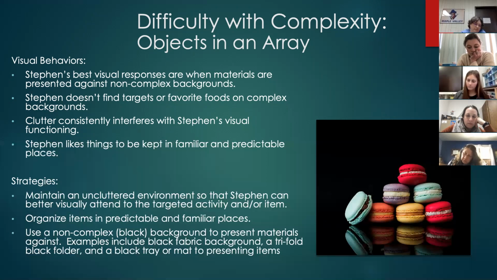So the strategies here would be to maintain an uncluttered environment so that Stephen can better visually attend to the targeted activity or item. You'd organize items in predictable and familiar places. And then you'd use a non-complex, preferably black background to present materials against. Examples might include a black fabric background, a trifold black folder, or a black tray or mat to present items.